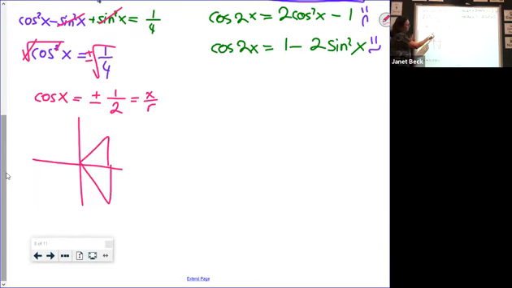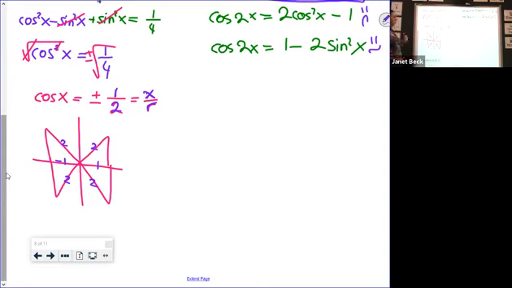If it was negative, we'd have a triangle in quadrant 2 or quadrant 3. This would be with the x being positive 1 for those two, and the x being negative 1 for those two. And we know that the r is 2, so that side is 2, that side is 2, that side is 2, that side is 2.